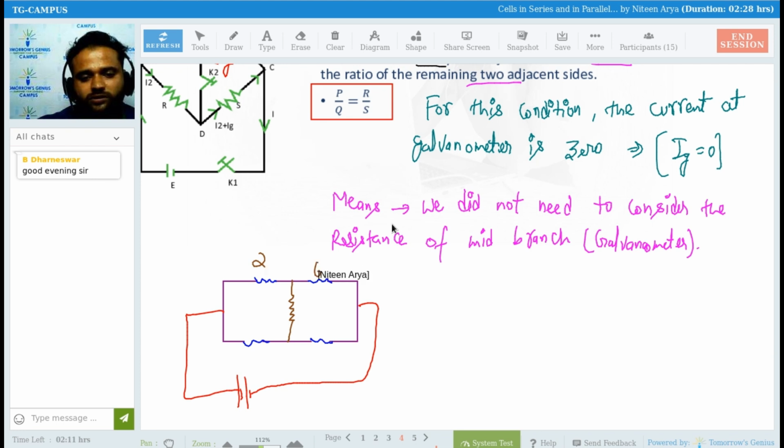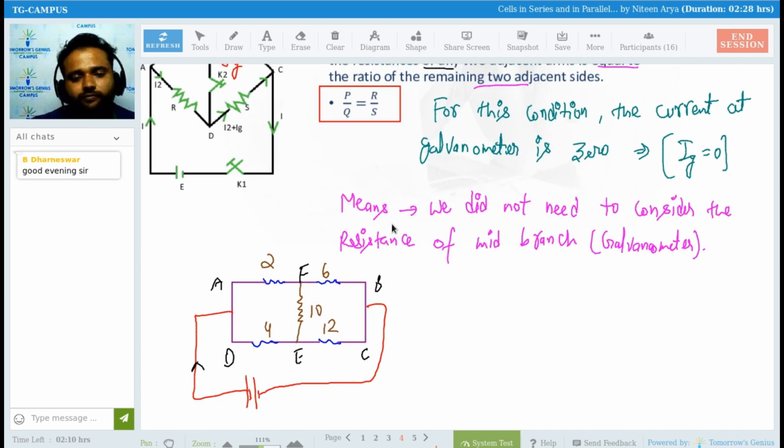This is 2, this is 6, this is 4, this is 12, and this is 10. And there is a current I. This is the condition of A, B, C, D, E, F. So A, B, C, D can be taken as a Wheatstone bridge. Clear?